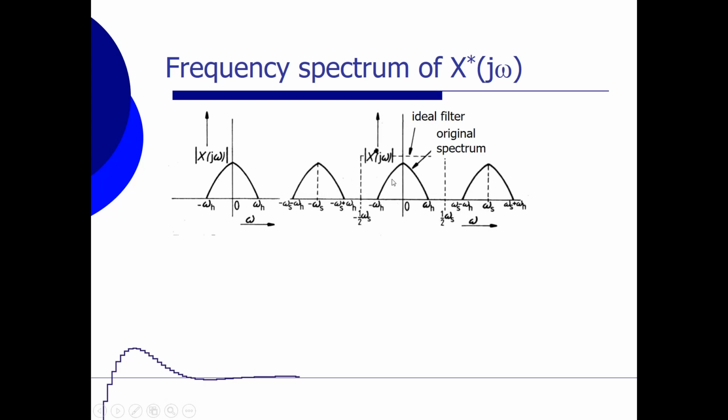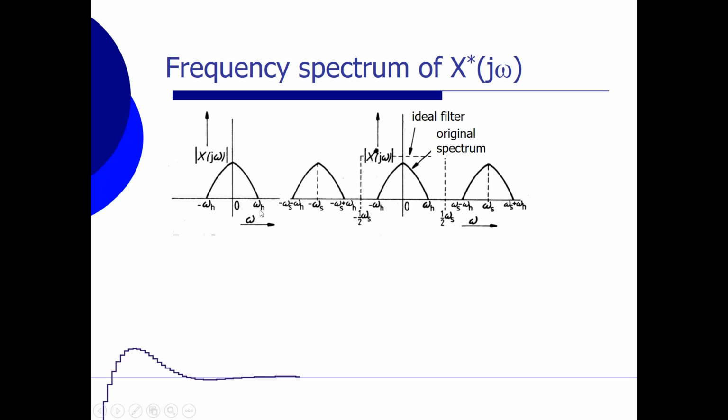This is my original spectrum, and what we see is that that original spectrum also pops up at the sampling frequency, but also at twice the sampling frequency, at minus the sample frequency, minus twice the sample frequency, etc. So it pops up at other places in this frequency spectrum. And the width of this spectrum is, of course, the same.